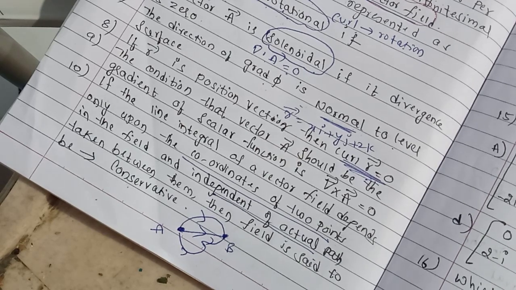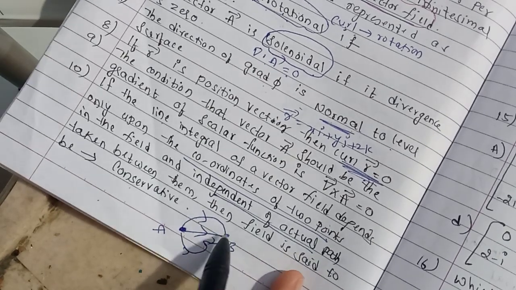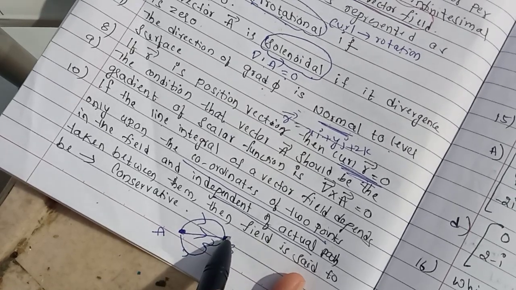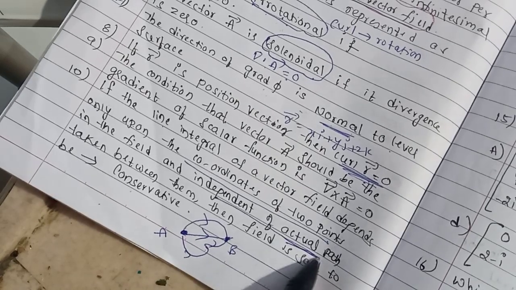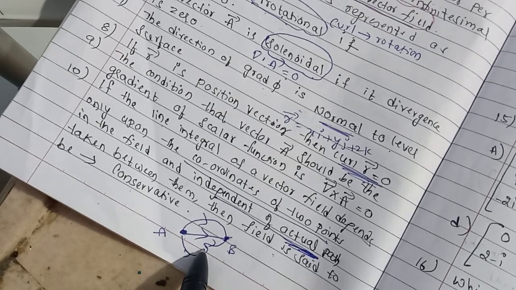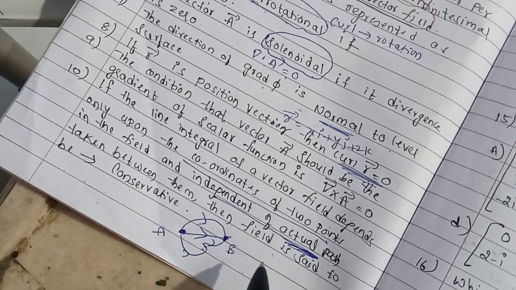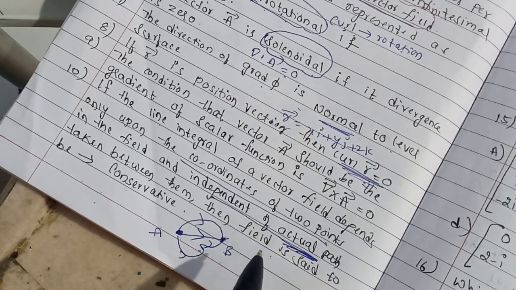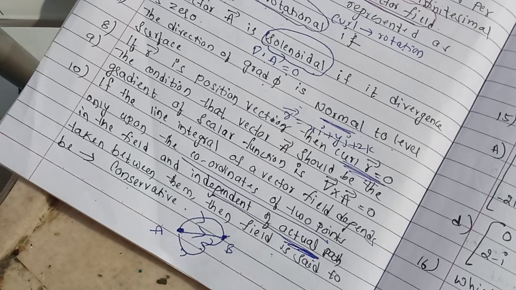So whatever way we are choosing, our intention is to reach B. So the line integral of the vector field depends only on the initial and final points and is independent of the actual path. Then we call it a conservative field. The vector field is conservative in nature, we say. For example, you want to go from your home to the market. From home to market, you will not have only one way, no? You may have some 2-3 ways to reach the market from your home.